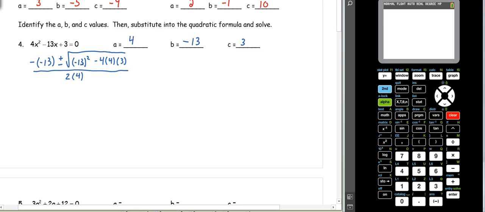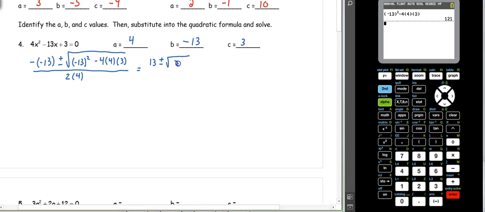So we're going to simplify a little bit. The two negatives by the 13 make it a positive 13, plus or minus the square root. We're going to simplify underneath the square root, which again is our discriminant we remember from a couple of videos back. So in the parentheses, negative 13 squared minus 4 times 4 times 3.